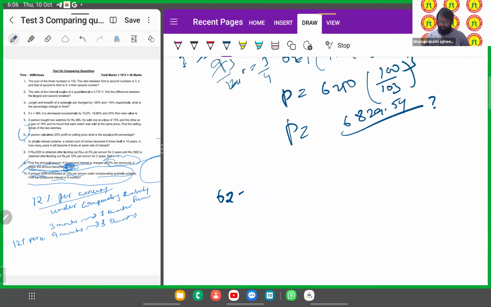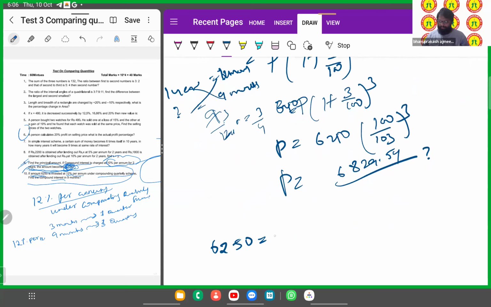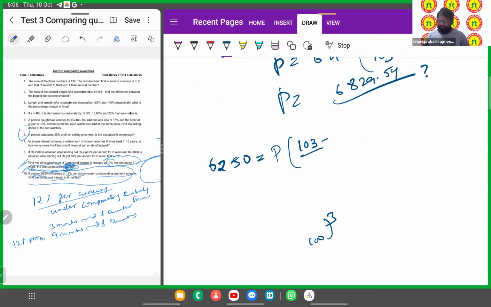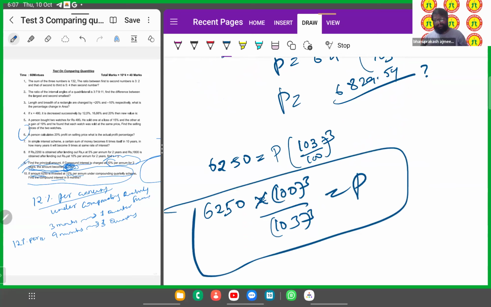Let me check. Okay. So, sir, the value will flip when it comes to the other side.